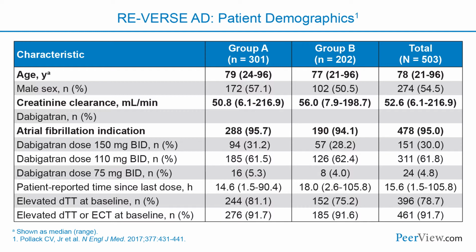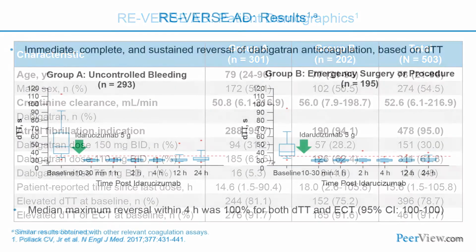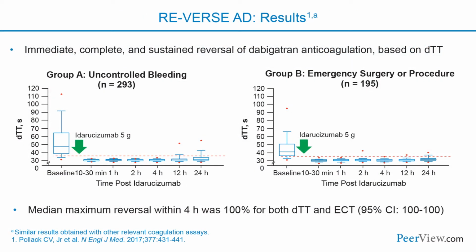Broad range of doses of dabigatran being used, and most of these patients were, in retrospect, according to the reference lab, anticoagulated at baseline. But remember, these patients were all reversed based on clinical grounds, not because of any lab test.